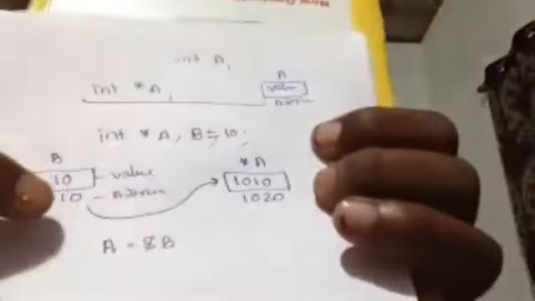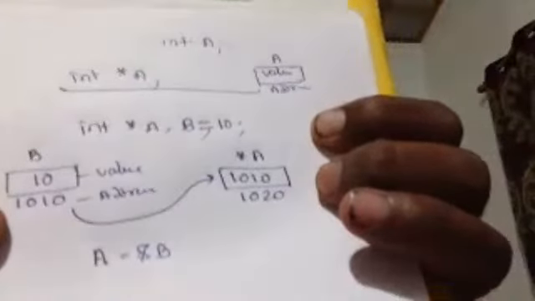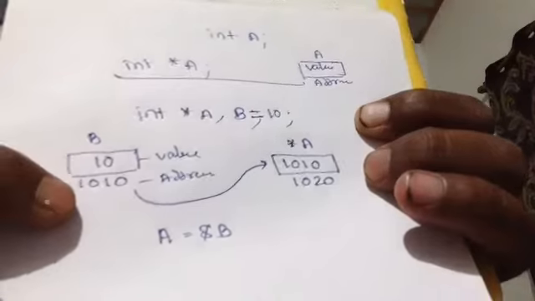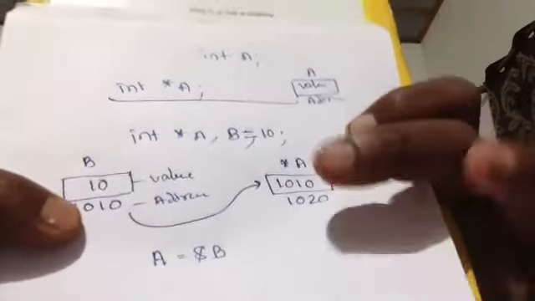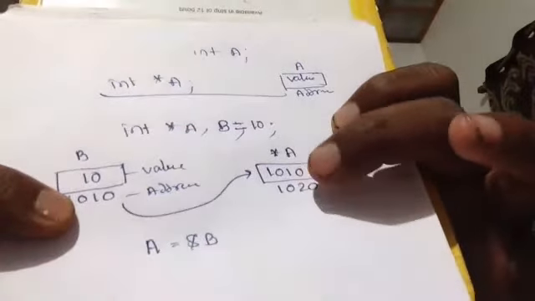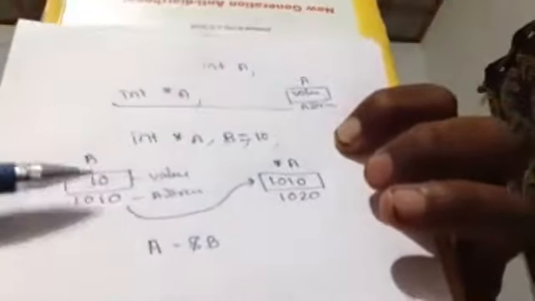So now in B's case, what is the address of B? 1010. That value is available here, not data. Now it's clear. So pointer is a variable which holds the address of another variable.